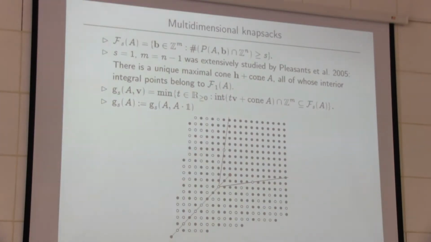But in this case, we see that the number g_S of A is smaller than 1, yes? So if you multiply the sum of the columns by 4 or 5, then the cone translated by this vector satisfies all feasibility conditions.